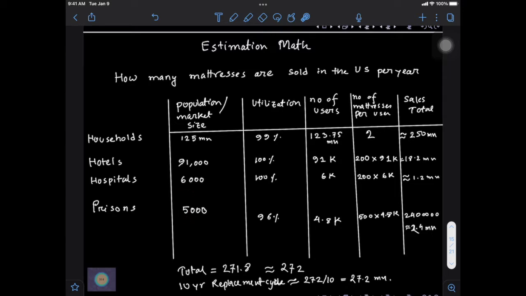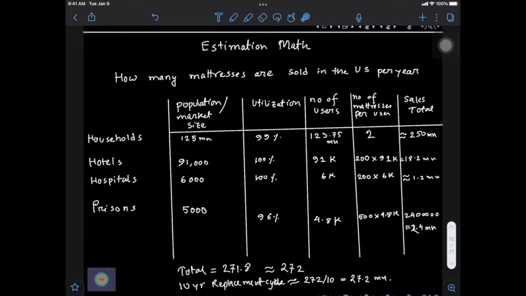And then we need to look at the utilization ratio. So what percentage of this market would actually be purchasing this product. For households, we know every household has on average a mattress, so I'll just take it to be 99% in this case.